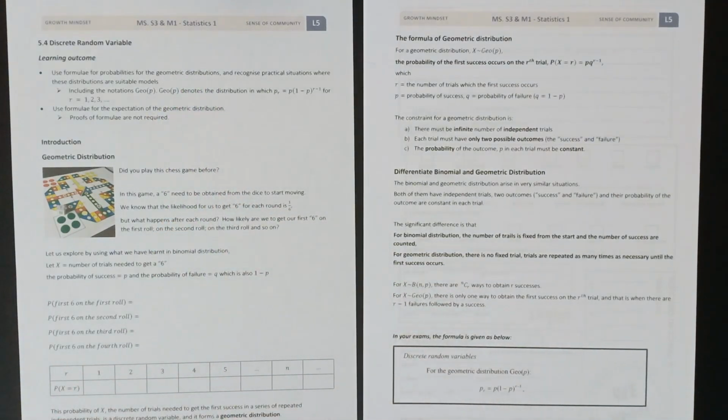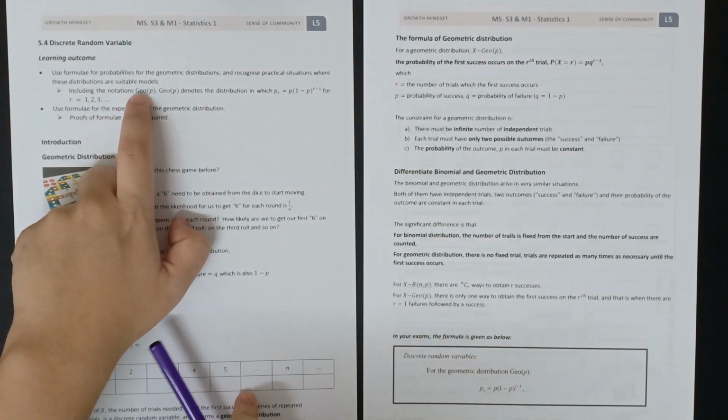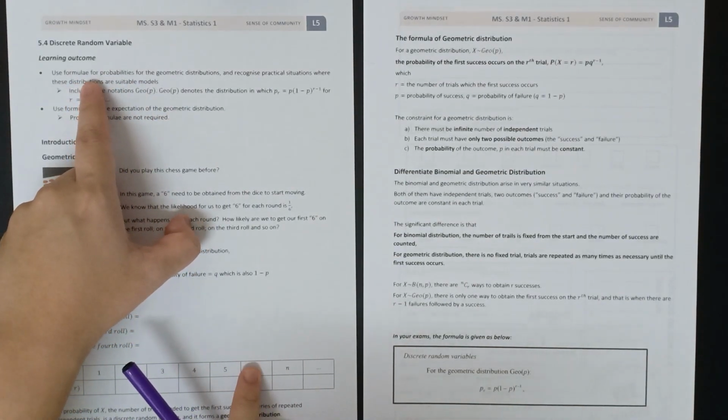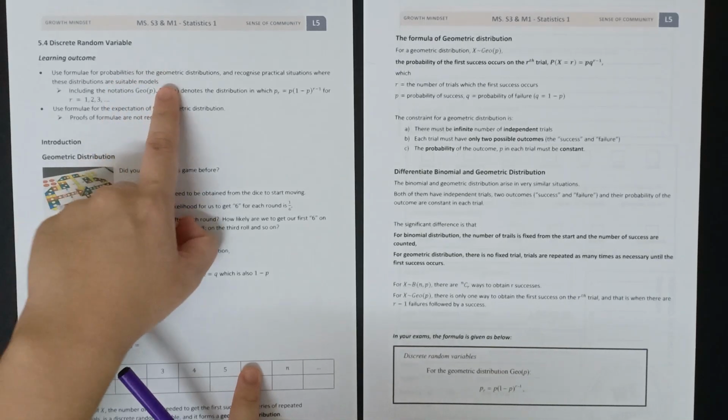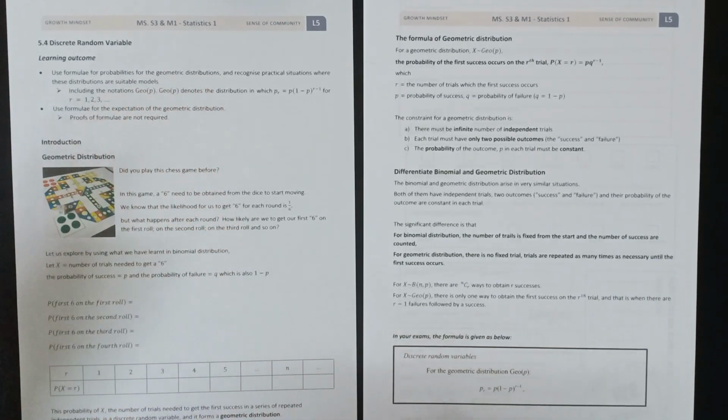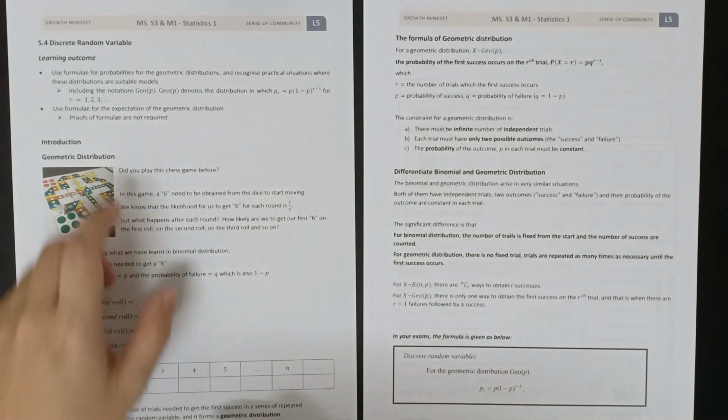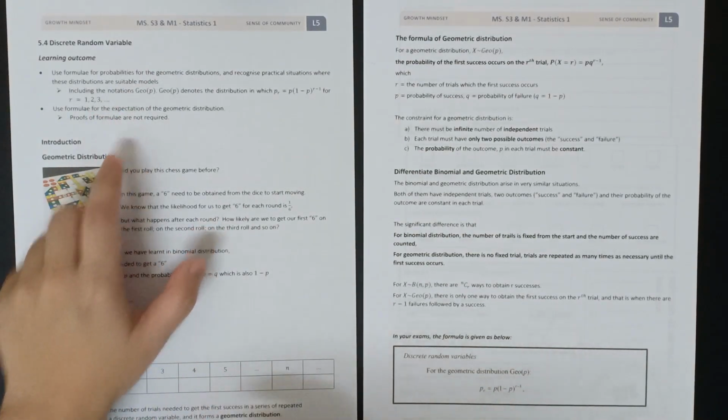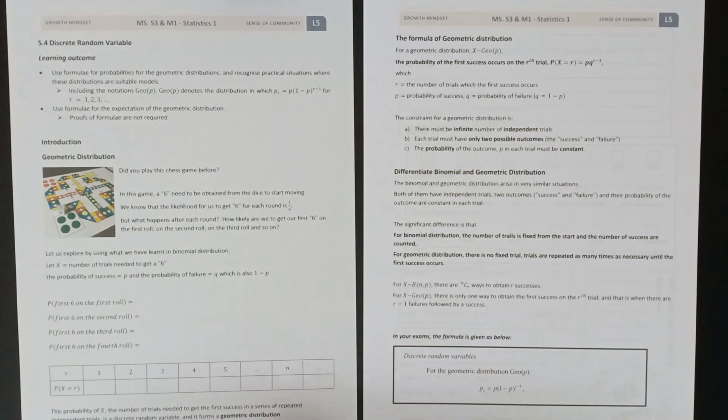For the learning outcome, it consists of 2 parts. The first is how to use the formula for the probabilities for geometric distribution, and how to recognize the situation where you need to use geometric distribution. The second part is how to use the formula to find the expectation.